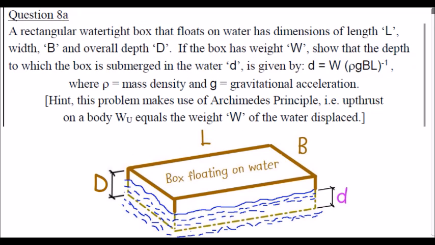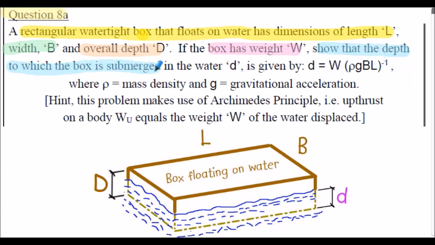Question 8a. A rectangular watertight box that floats on water has dimensions of length L, width B, and overall depth capital D. If the box has a weight W, we're asked to show that the depth to which the box is submerged in the water, lowercase d, is given by the formula shown. Note symbol ρ is mass density, g is gravitational acceleration.